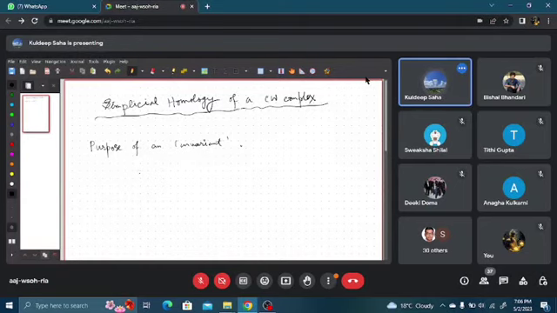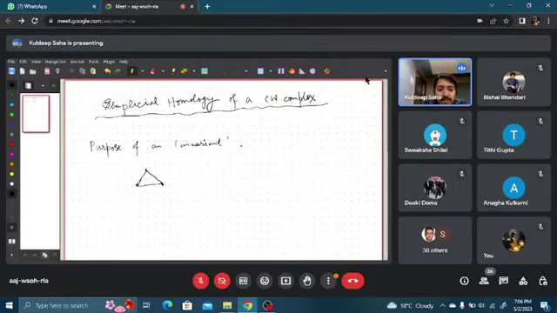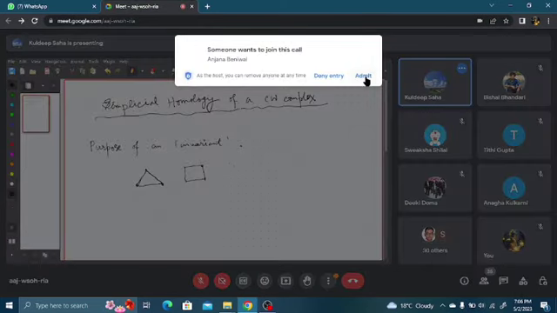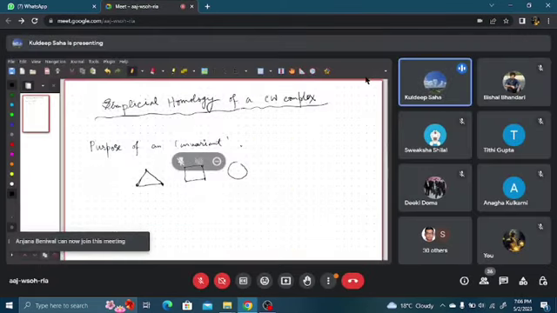For example, I give you these objects: a triangle. By triangle I mean only a hollow triangle, so the interior is not there. Okay. And I give you a square. And I also give you a circle.